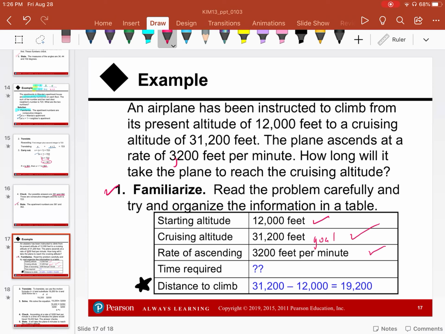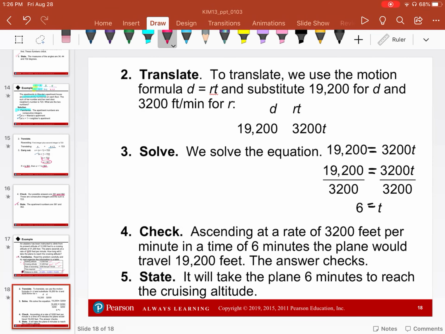That's what we want to find. Well, let's begin to find what is the distance between starting and cruising. What is the difference? We see here that is 31,200 minus 12,000. We get 19,200.